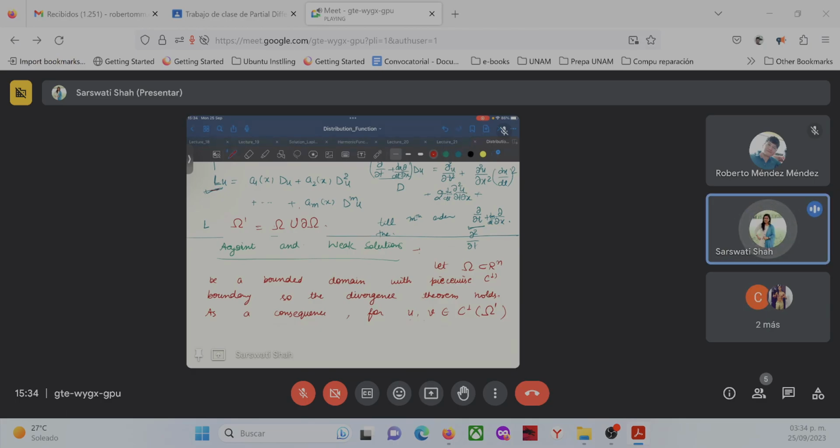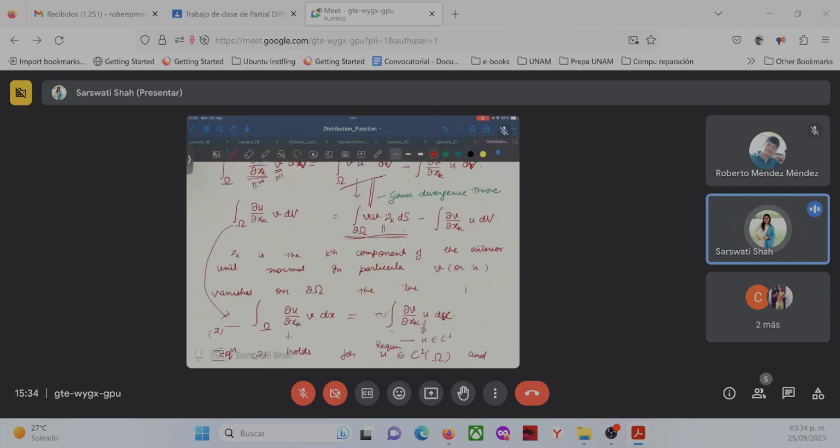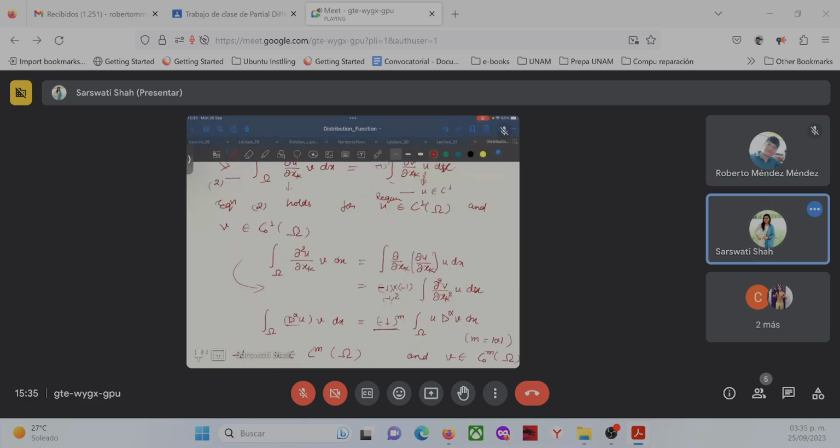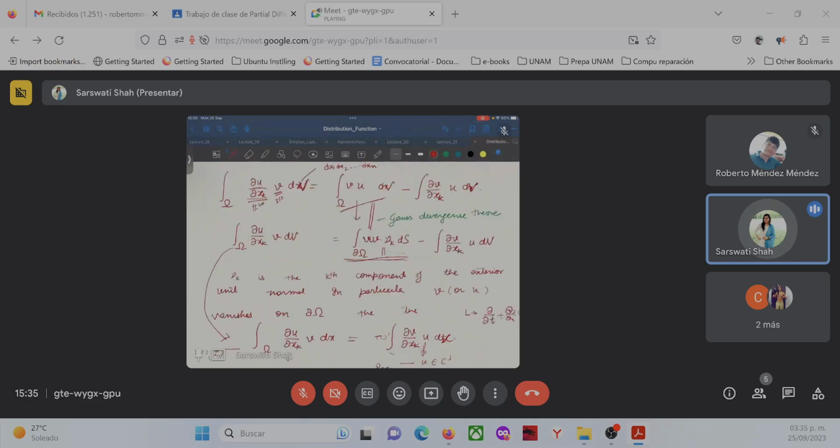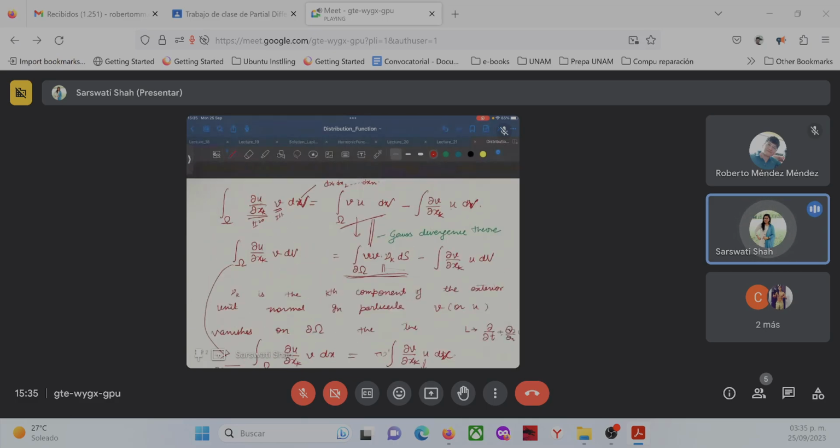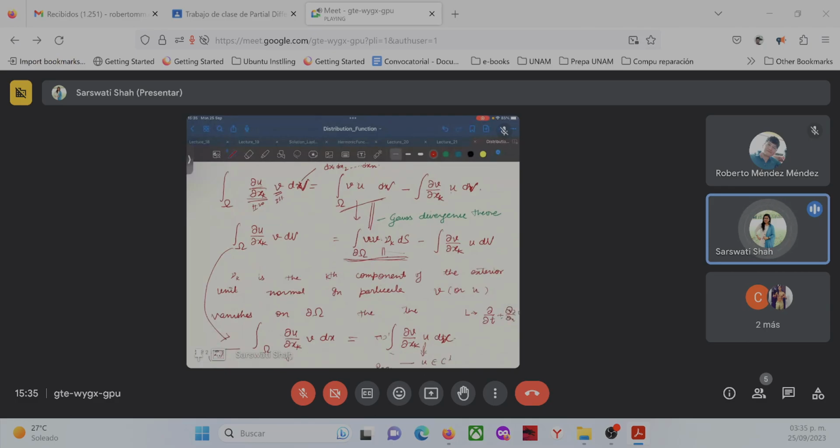So I said that this L operator was the combination of the summation of the mth order derivative operators, like del over del t plus del over del x dx over dt. In the same way, when this derivative is passing under the integration, when we are applying the integration on the product of two functions, what is happening?